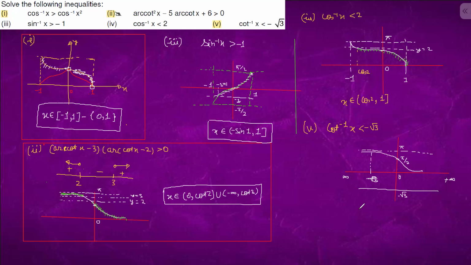Cot inverse x is always positive, 0 to pi. So x equals phi, there is no value of x. Cos inverse x is also between 0 to pi. So there is no value for this.